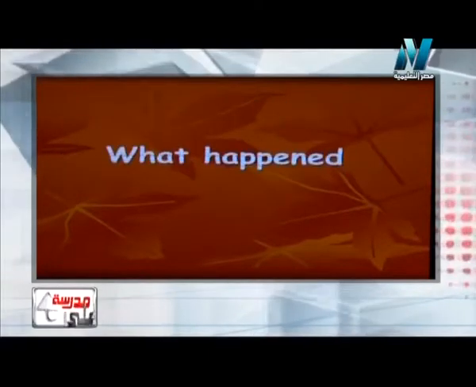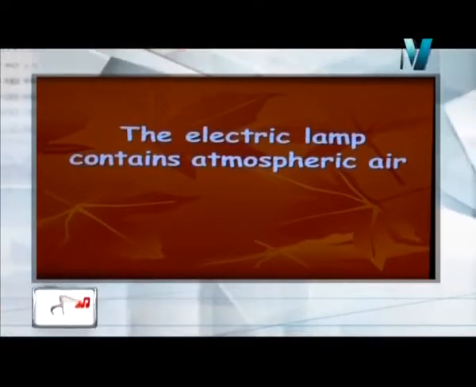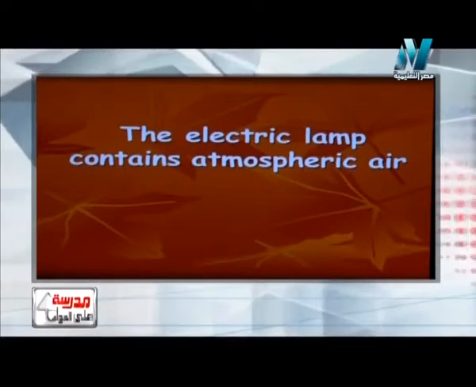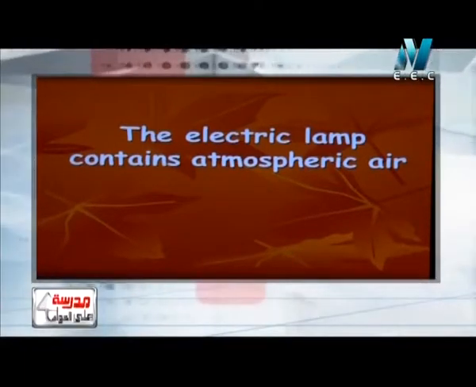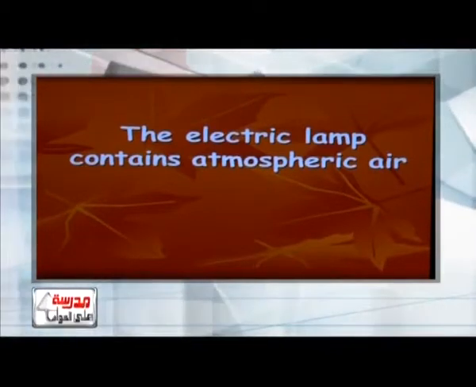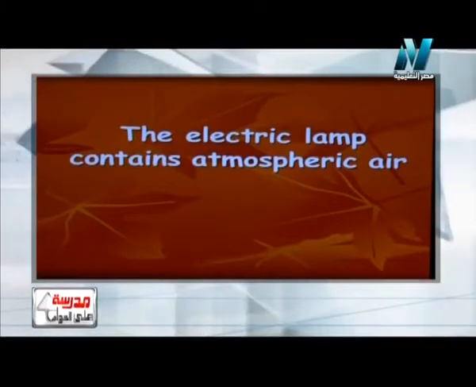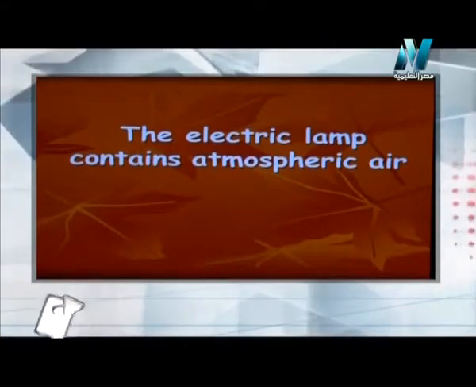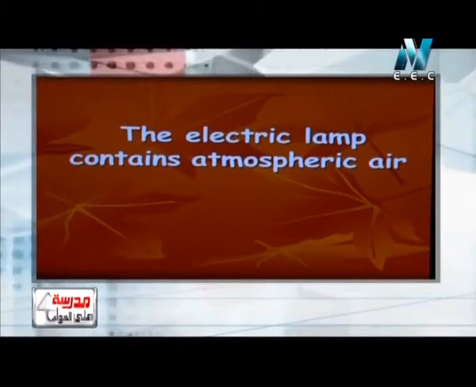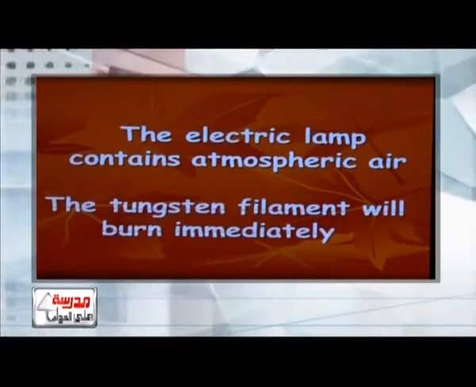Another question. What happens if the electric lamp contains atmospheric air? We know atmospheric air contains oxygen gas, and oxygen gas helps in burning. So surely we cannot use atmospheric air in the electric lamp, to avoid burning the filament.